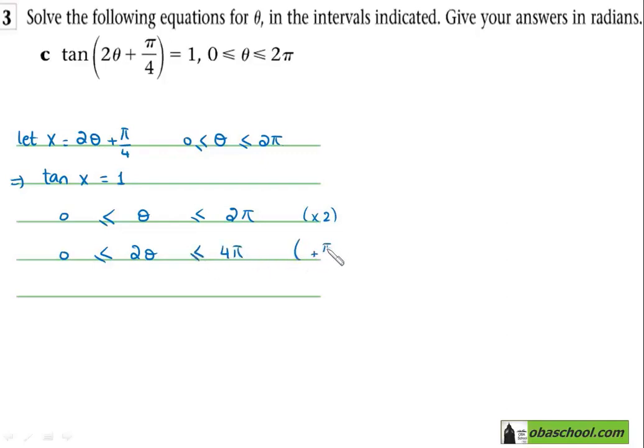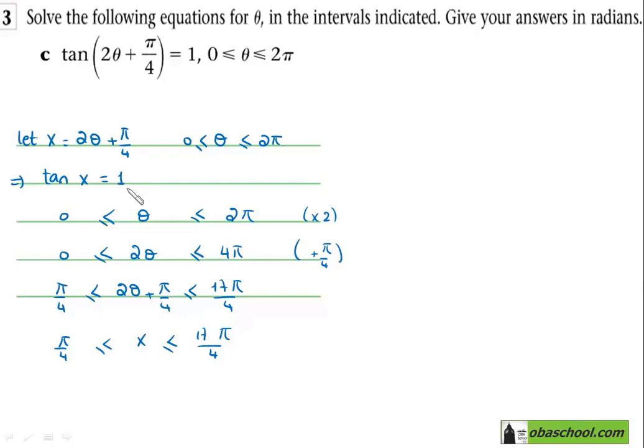Then we add π/4 in order to get π/4 less than or equal to 2θ + π/4 less than or equal to 17π/4. That means x as an angle is greater than or equal to π/4 and less than or equal to 17π/4. Now we define the intervals for x and we have the equation.